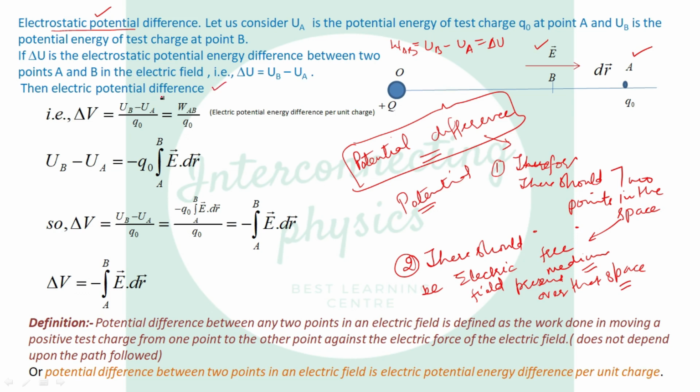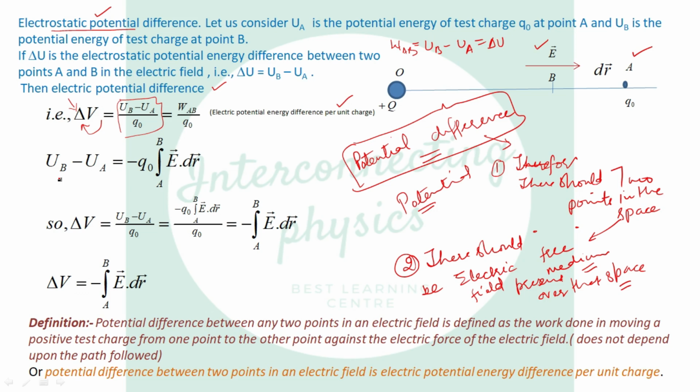It is UB minus UA divided by Q naught. If we divide this electrostatic potential energy difference by Q naught, the test charge, it becomes WAB divided by Q naught, and this quantity is delta V, the electrostatic potential difference. This delta means difference, or it can be called electric potential energy difference per unit charge, or in simple language, work done divided by charge.